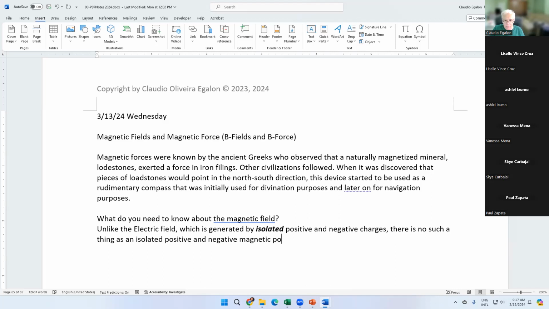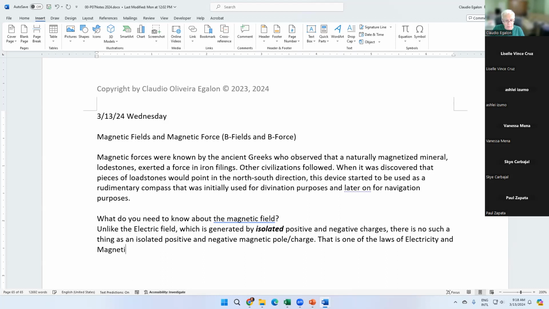Not magnetic charge, but we use the word pole. But let's put a charge as well, slash charge. Okay, that's the first law. That is one of the laws of electricity and magnetism.